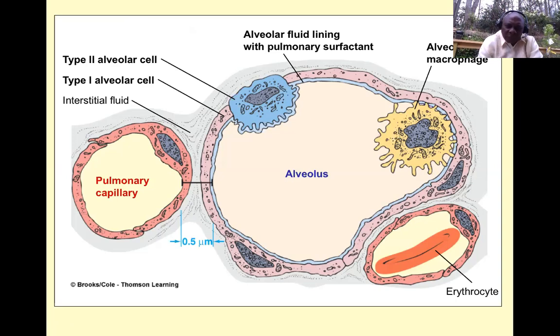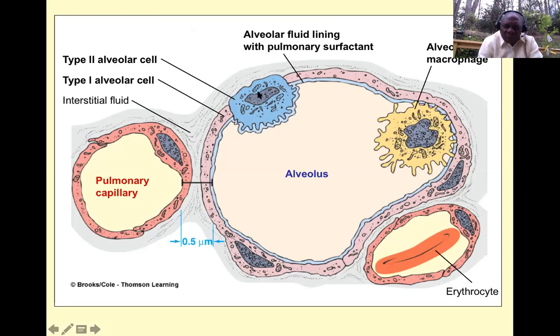Okay, so that's easy. It just forms the one cell wall, one cell thick, again to promote diffusion, to make the membrane very thin. What about type 2 alveolar cells?